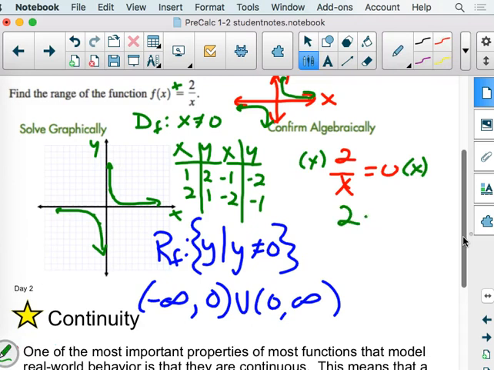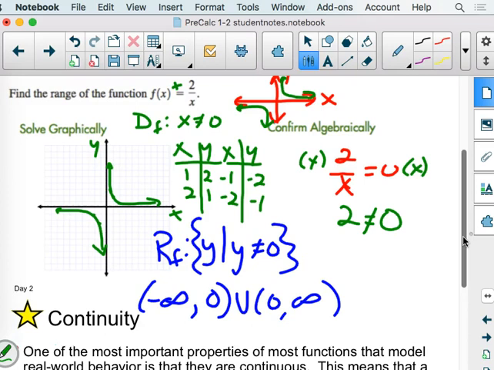So this will say 2 equals 0. Does 2 ever equal 0? Can't happen. So that's how we confirm algebraically that there's no way we are ever going to get 0 out of that. It just is not going to happen.